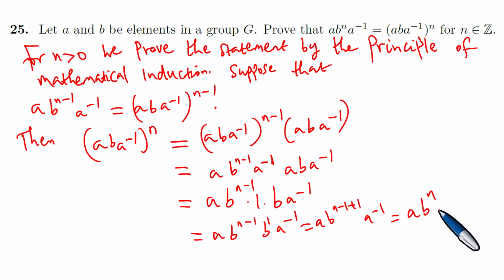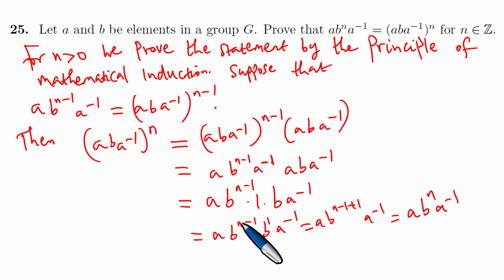So it's going to be a b to the power n a minus 1, which is exactly that. So we have just shown that if we start with the right-hand side, AB times A to the minus 1 all to the nth power, then it produces AB to the power n A times A to the minus 1, which is exactly the left-hand side.